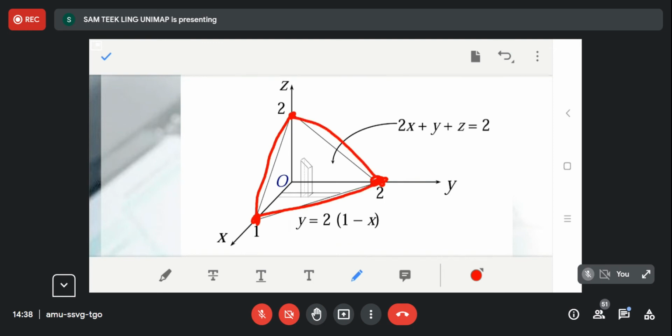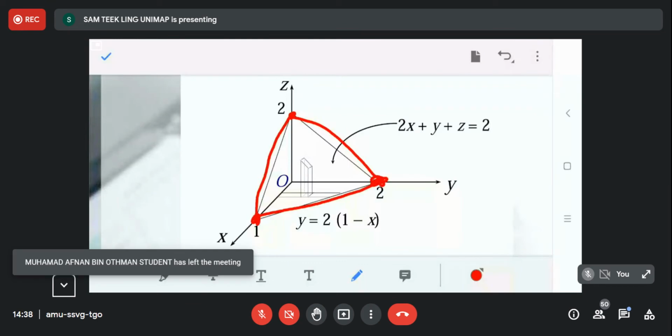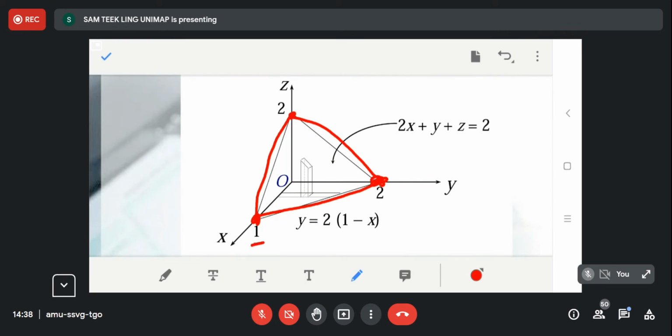You will get your tetrahedron. So for this one, you write out your x, y, z axes and the values. These values, don't skip. If the question wants you to sketch, this one cannot skip. The values you must write out, because from here, we will know correct or not.